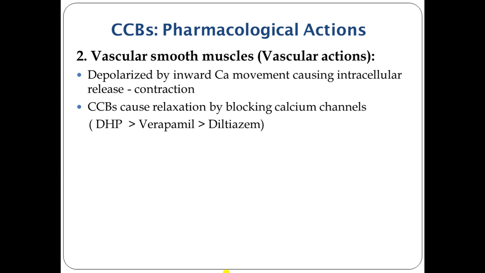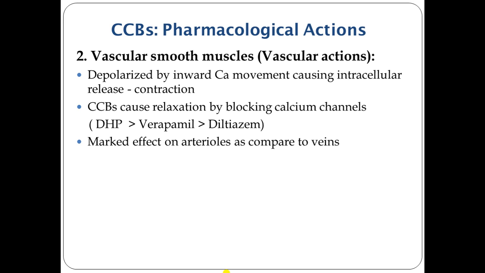But these vascular actions are highest with the dihydropyridine, followed by Verapamil, and third is Diltiazem. Which means Verapamil has the highest cardiac action, Diltiazem is intermediate, and dihydropyridine does not have cardiac action. While vascular actions are highest with dihydropyridine, Diltiazem is intermediate, and it is least with Verapamil.